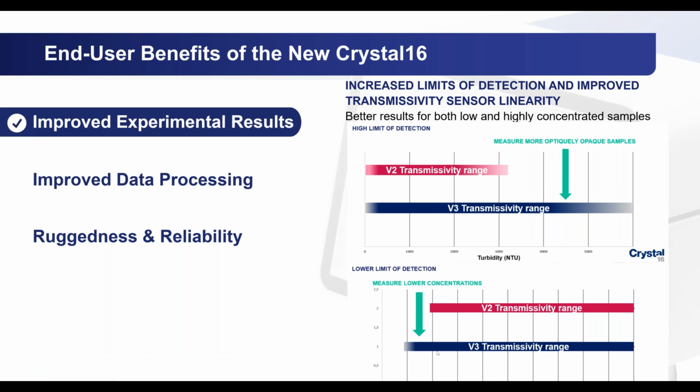And as you can see here, we really enlarged the window of what you can detect with this instrument. So we can see much lower concentrations in this range here, and also here at the upper part. At higher concentrations, we also see much more than we used to see with the Crystal16 up to now.